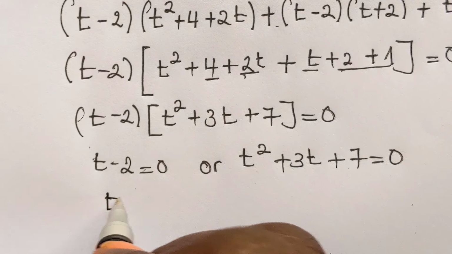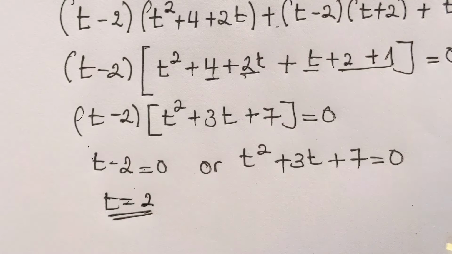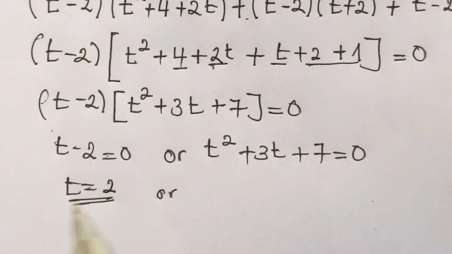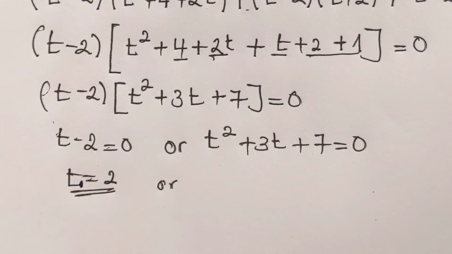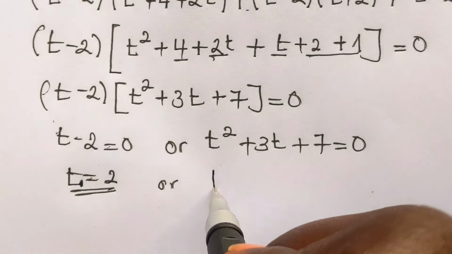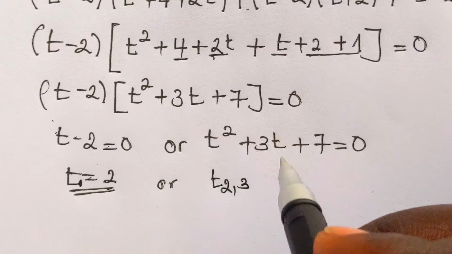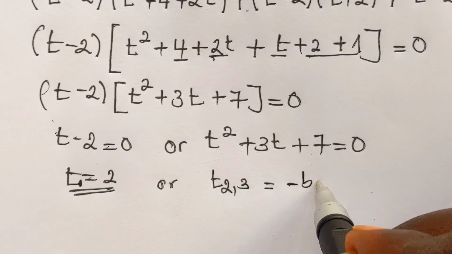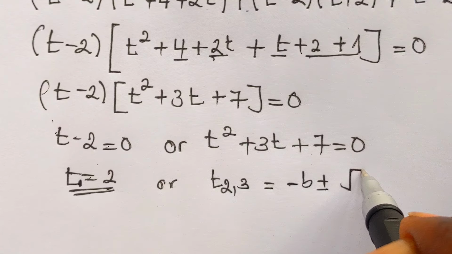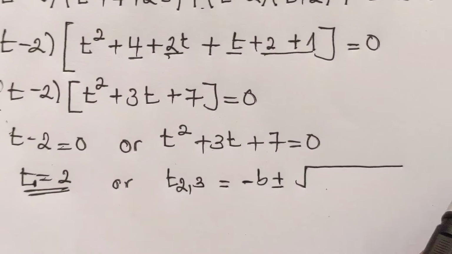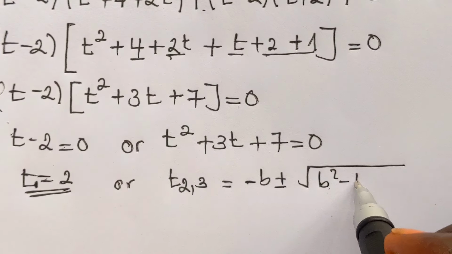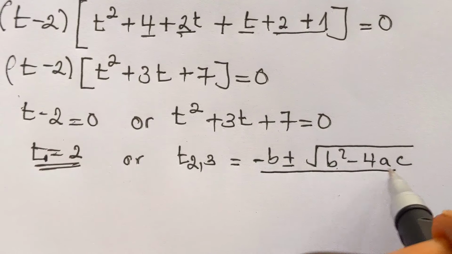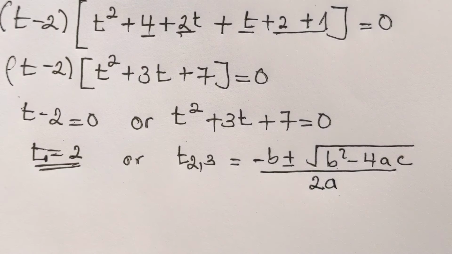At this stage, t equals 2, or for this quadratic equation, this is t1, okay, where t2 and t3 will be, here we have to find negative b plus or minus square root of b squared minus 4ac over 2a.